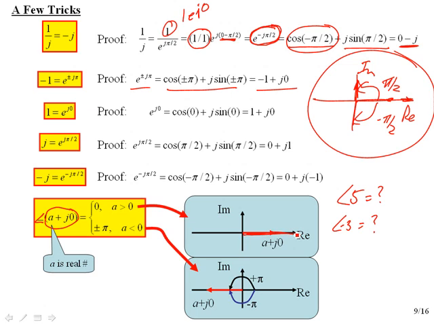If it lies over here, it's going to have an angle of 0. And if it lies over here, it'll have an angle of plus or minus pi. Both of those are correct, plus pi and minus pi. So when a is positive, it lies over here, and the angle is 0. When a is negative, it lies over here, and its angle is either plus or minus pi. Okay, so the angle of 5 is equal to 0, and the angle of minus 3 is plus or minus pi.